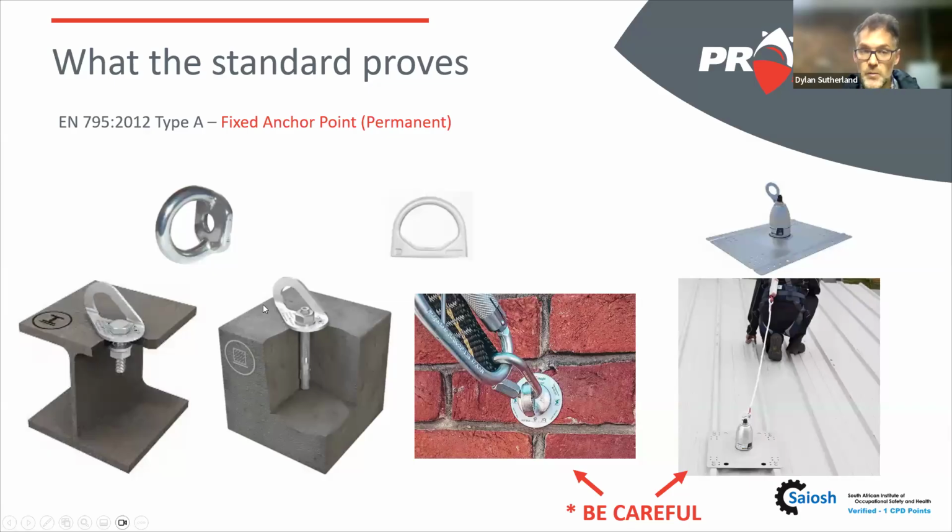It will restrict me from being able to move away from it. So if I've got a 2-meter lanyard, I can't move more than 2 meters from this. Now, we'll get into the different surfaces. What we must be aware of is brick and roof are currently a really dangerous space to be discussing, and we'll get into a bit of that just now. But this is what you would consider a type A anchor point.